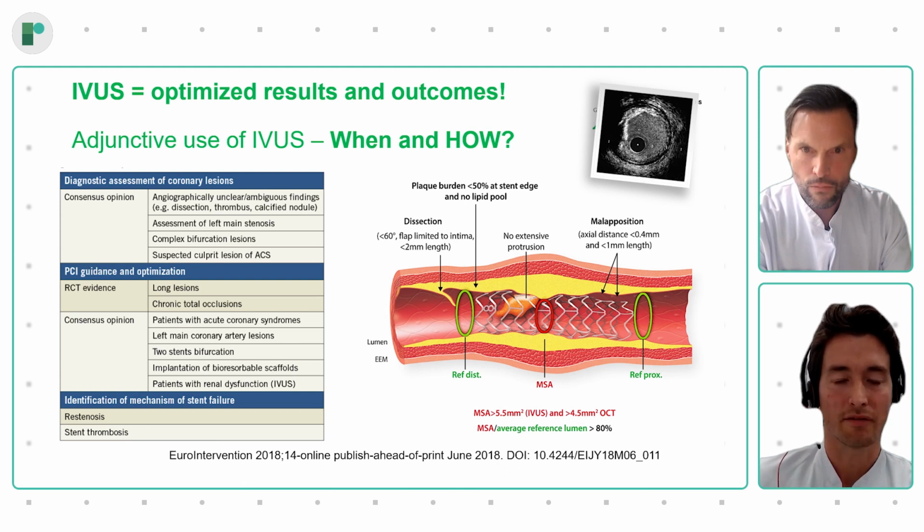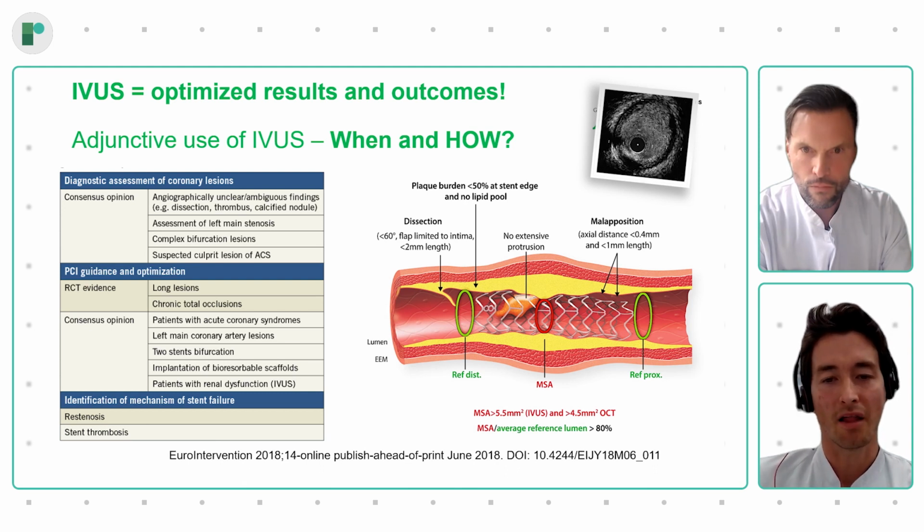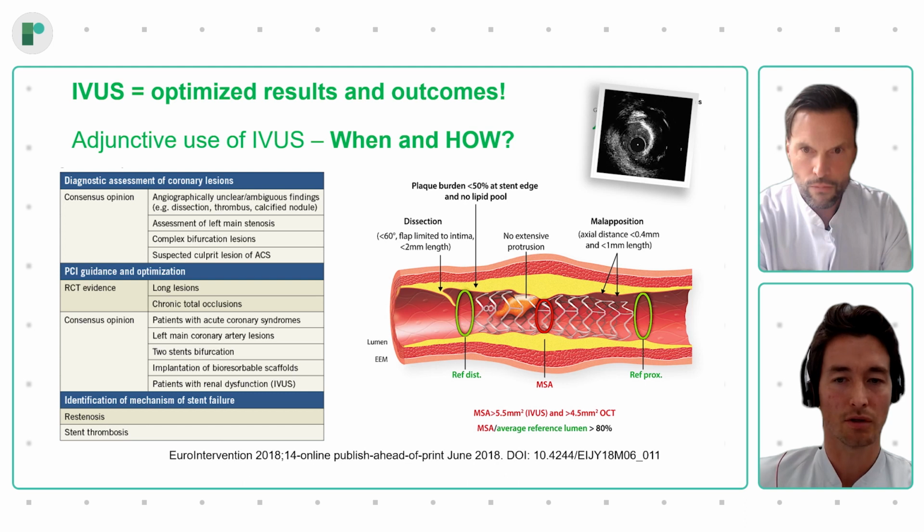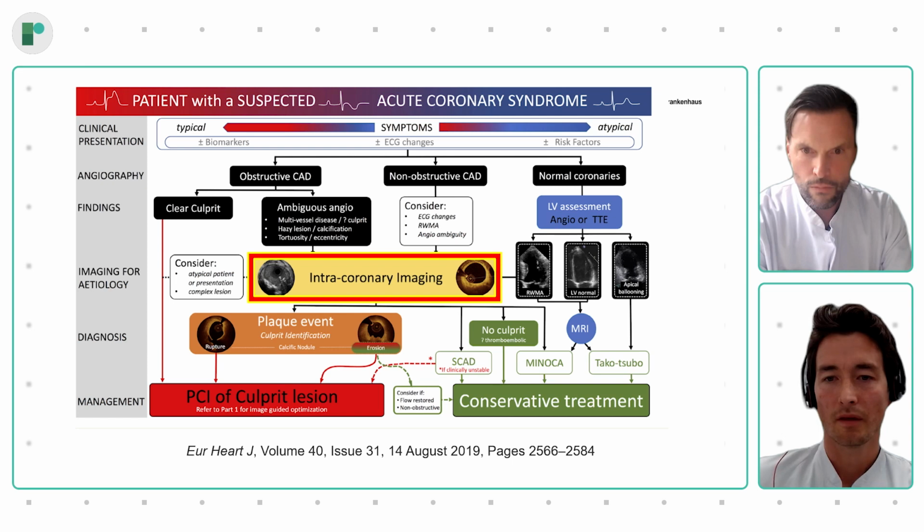So make sure to have a fairly healthy landing zone. Also shown on the picture is that you have to make sure that you avoid malapposition and that you achieve a good MSA, minimal stent area, of minimum 5.5 millimeters squared.